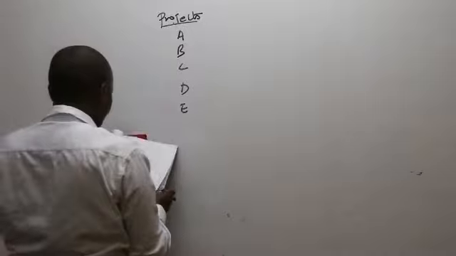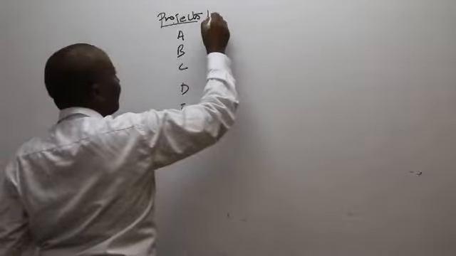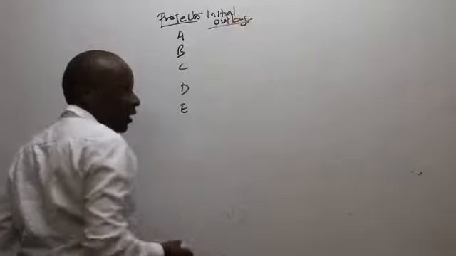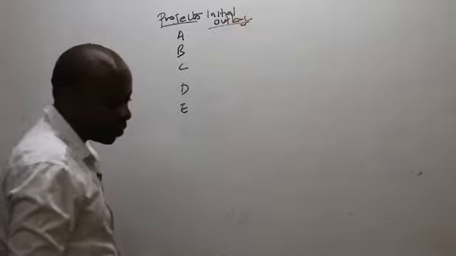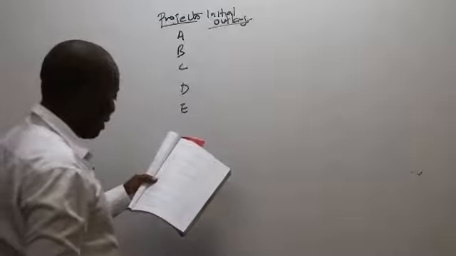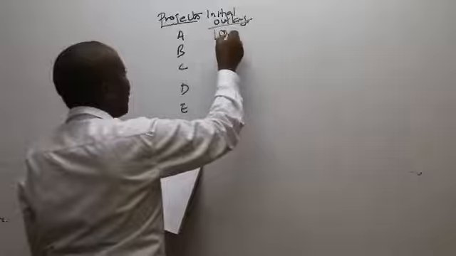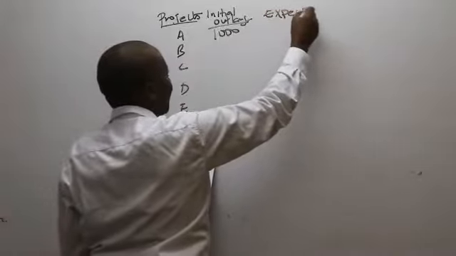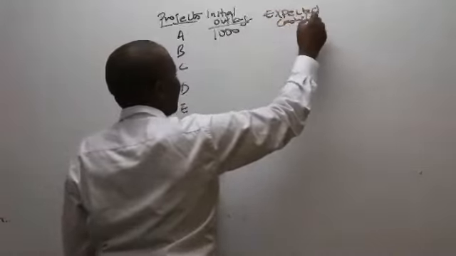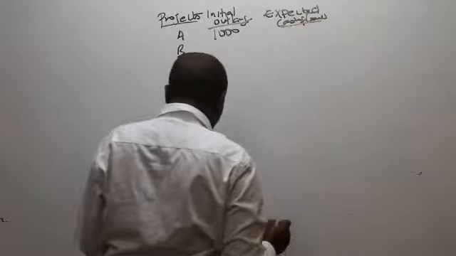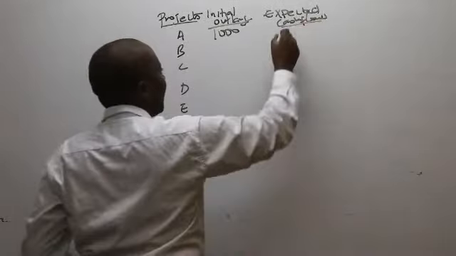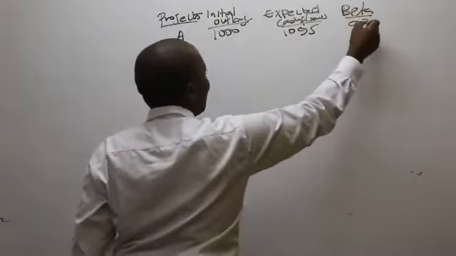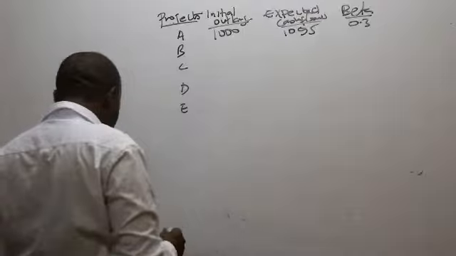They have given us the initial outlay, which is 1,000, and then the expected cash flows, 1,095, and then a beta of 0.3.